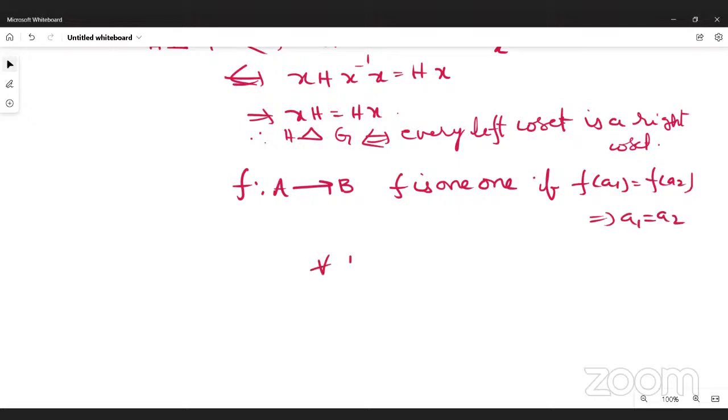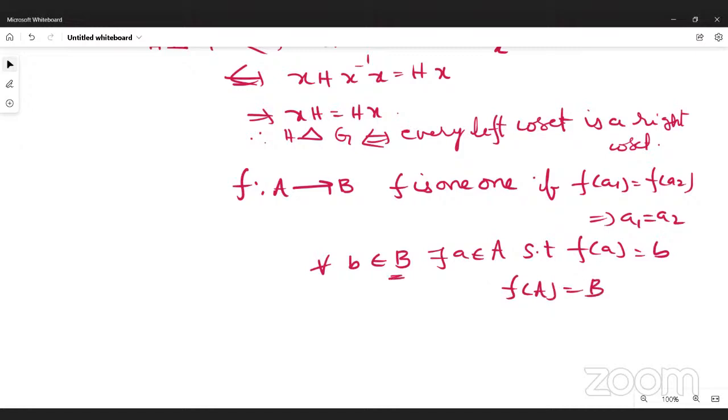And for every B belongs to B, if there exists A belongs to capital A such that f of A is equal to B, then we say that f is onto. That means for every element B, there exists a pre-image in capital A.